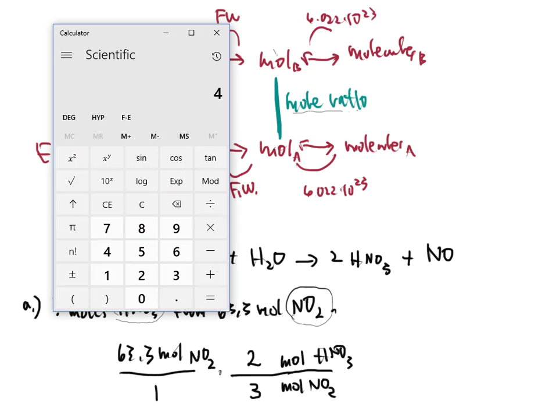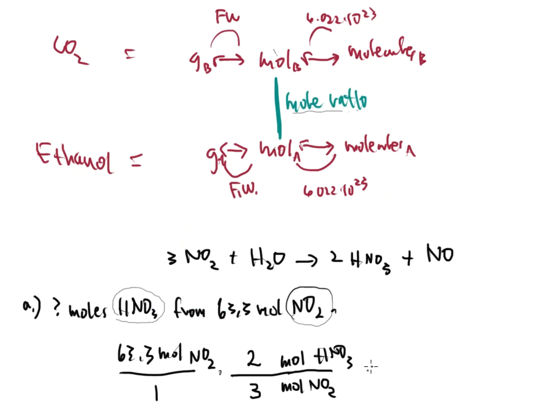So in order to calculate this answer, I'll take 63.3, multiply by 2, and divide by 3. And I hit enter, and I get 42.2 as an answer.